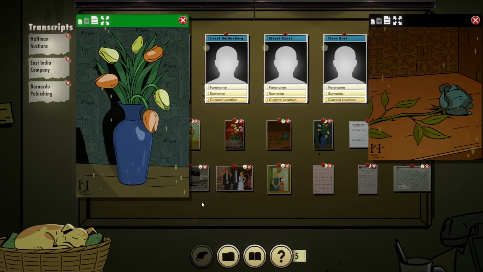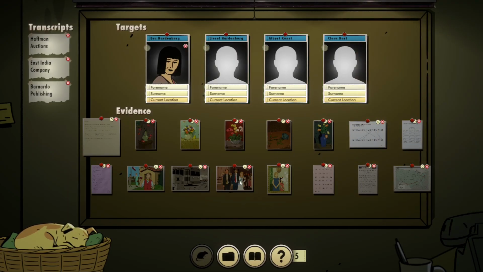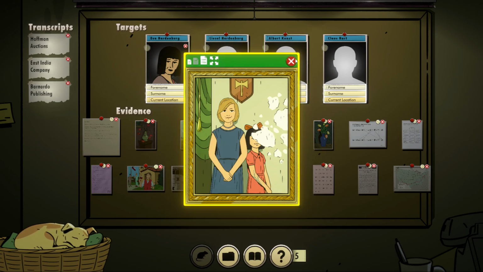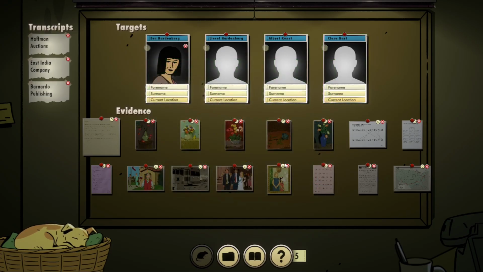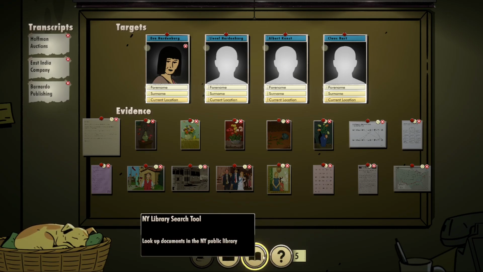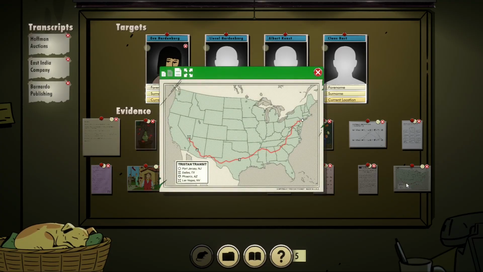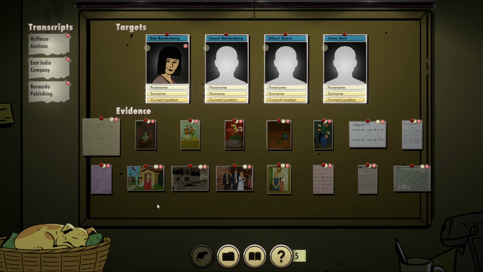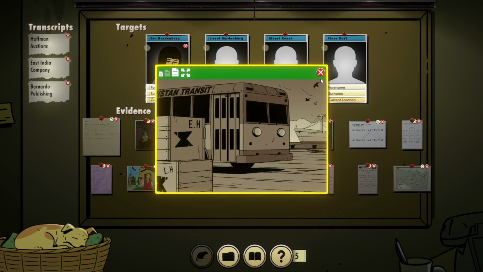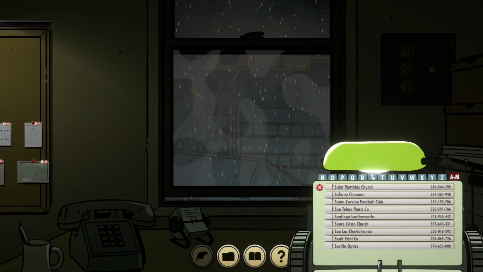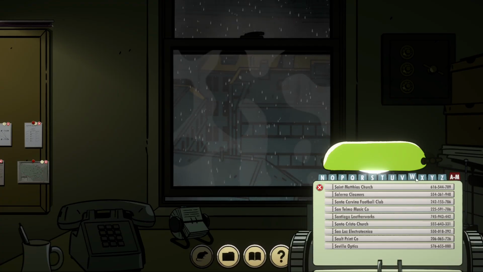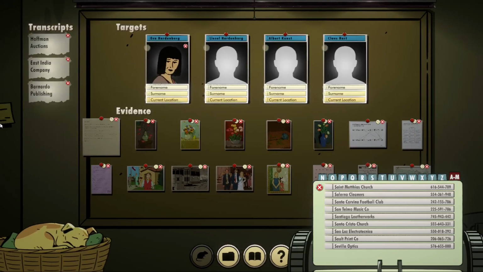Little man. What do I do with Little Man?